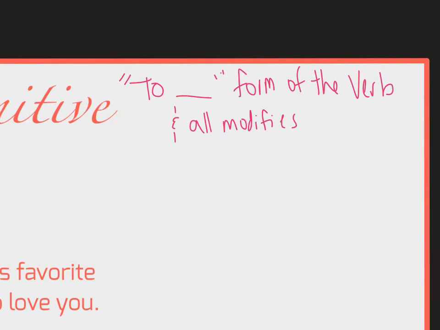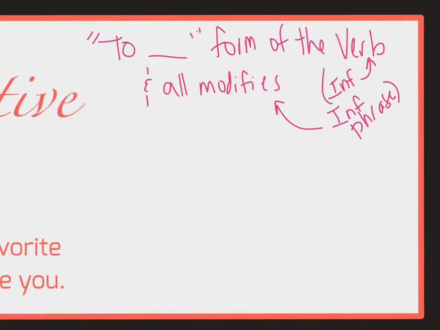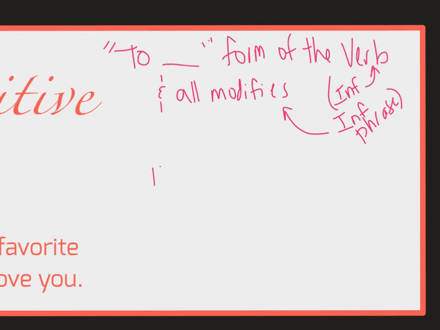So this is again the difference between an infinitive versus an infinitive phrase. Well, the infinitive phrase would include all the different things that modify the phrase. So let's take some sort of example, such as, well, we're going to do two examples.